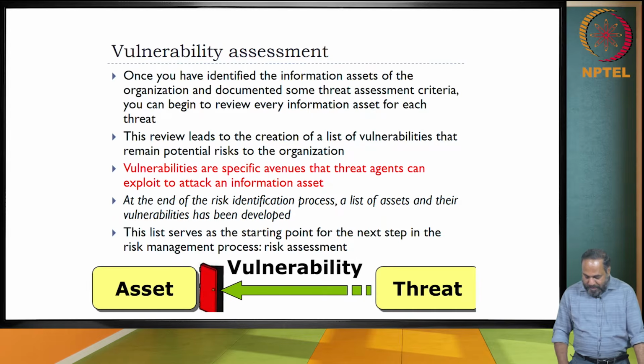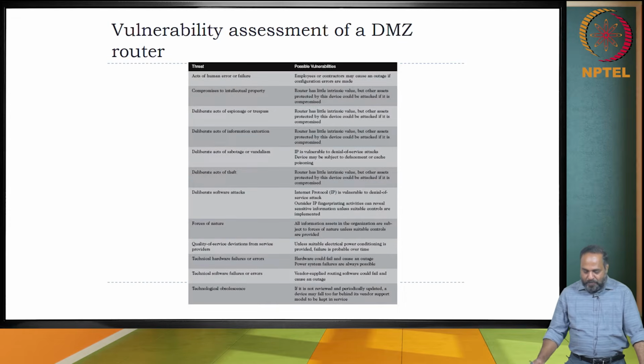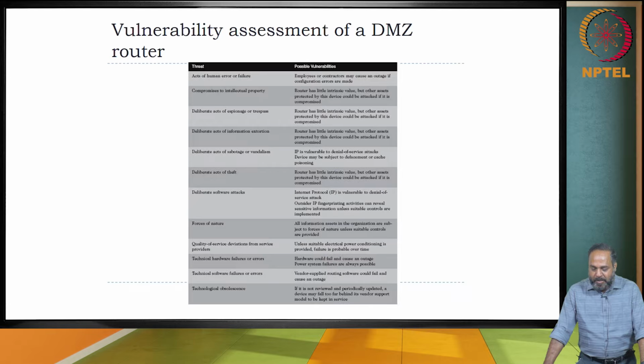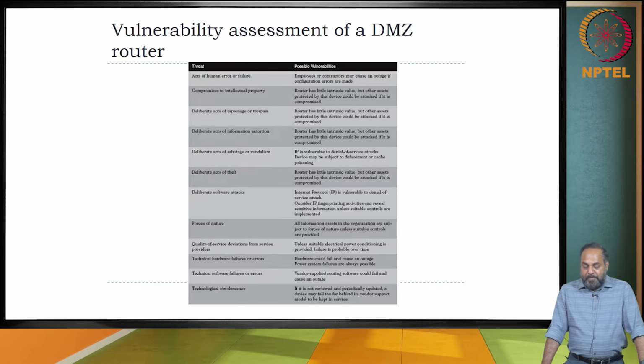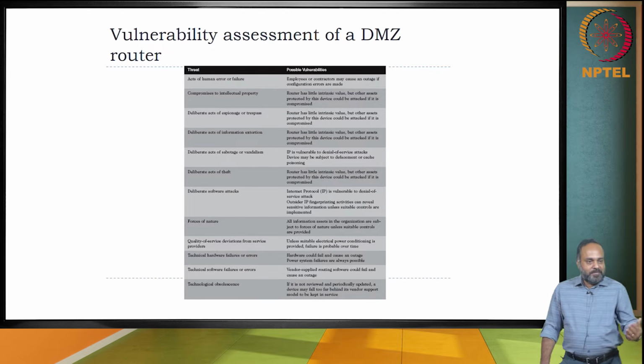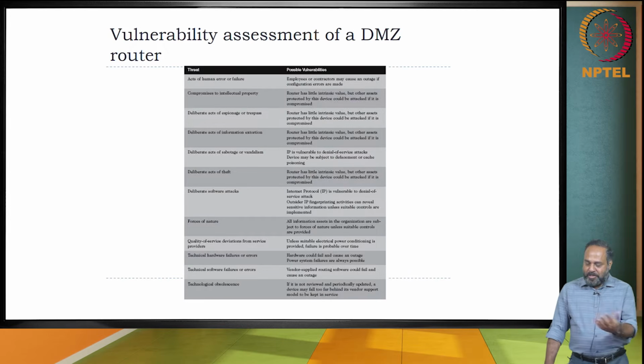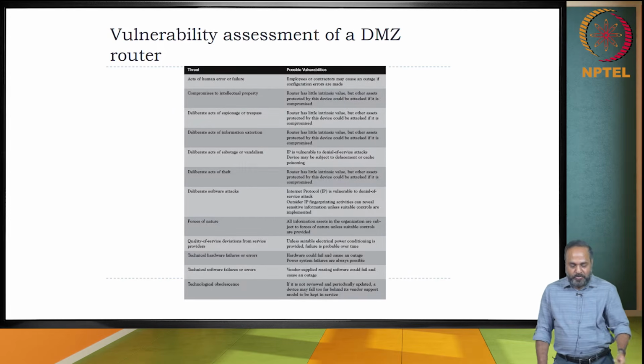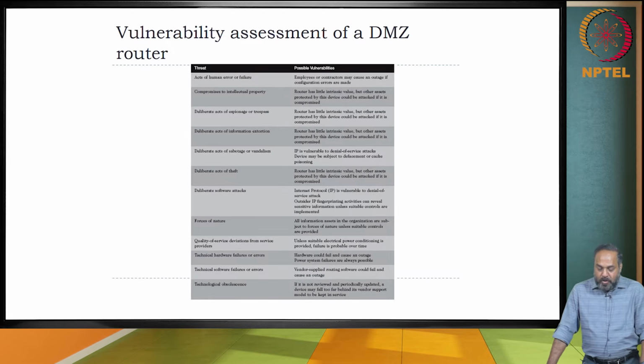Okay. Now, you will see an example, vulnerability assessment of a DMZ router. Okay, but well, this is a technical term, essentially a proxy system. Now, you have a real server, you have a proxy server. Proxy server just acts as a shadow or a copy of the real server. So, that kind of a system. So, they are taking a router from that zone and then assessing vulnerabilities.